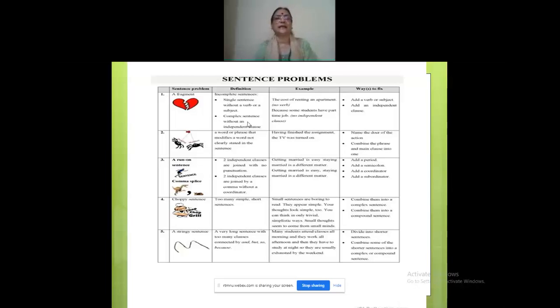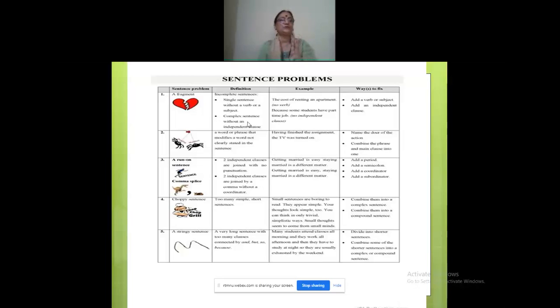Suppose now, the second example is: because some students have part-time jobs. Now, because some students have part-time jobs, so what? They are not able to attend classes regularly. So there is no independent clause. Just the dependent clause, it will have the subject and the verb, but still it's incomplete because it is dependent. It needs an independent clause to complete the thought process.